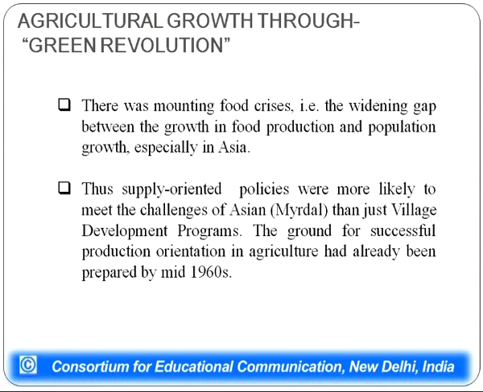That pushed people to move towards the Green Revolution using better irrigation facilities, high yielding varieties of seeds, different types of plant protection services like fertilizer. Thus supply oriented policies were more likely to meet the challenges of Asia than just village development programs.